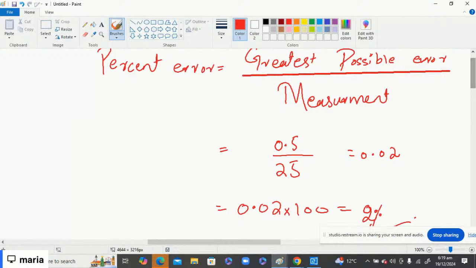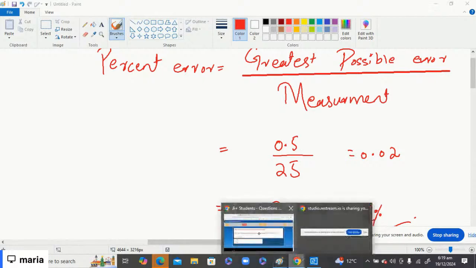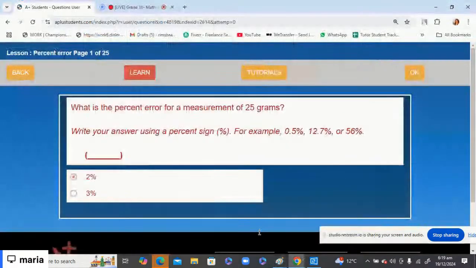Now multiply this 0.02 by 100 to convert it into percent error, and you get 2%.